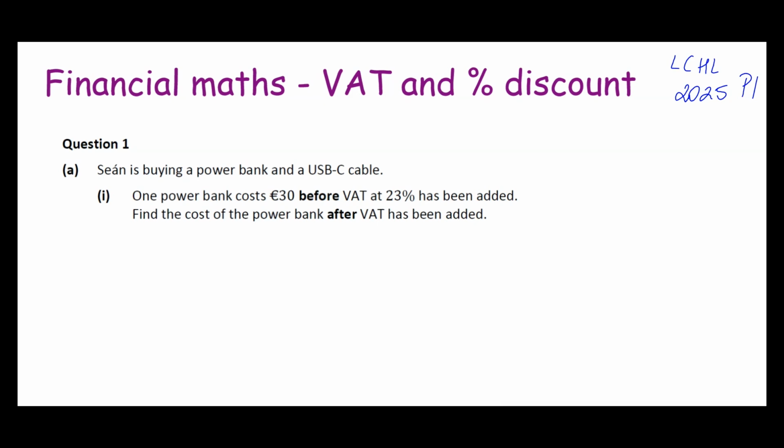So let's get some vocabulary. VAT is a form of tax. Here we are not told whether we are using the net value or the gross value, but that is another vocabulary that you very often come across in financial maths questions. Net means before VAT, before any tax, or without tax, or excluding tax.